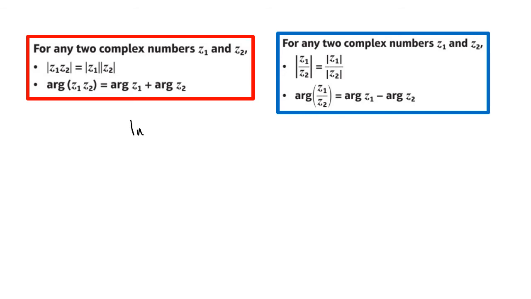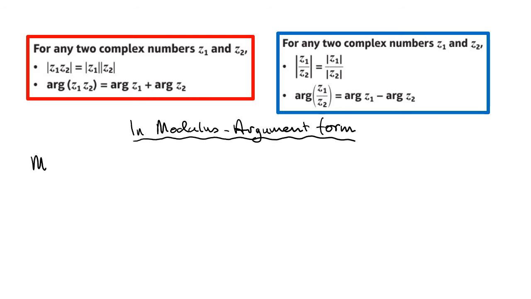So in modulus argument form, let's say we want to multiply two complex numbers. What we do is multiply the moduli.